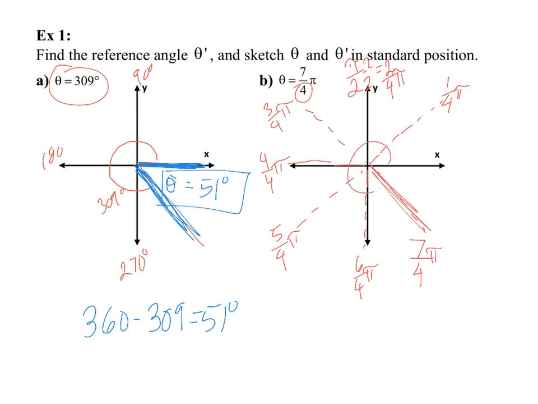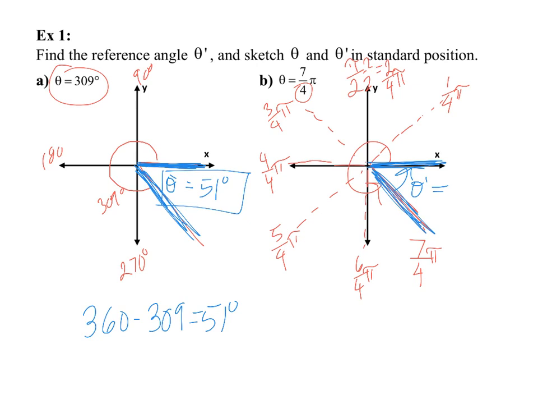There's my terminal side now. This was my rotation here. Now I'm looking for the reference angle, which is formed by the terminal side and the x-axis. Once again, it's always an acute angle. So this is theta apostrophe, also known as theta prime. How am I going to get that?